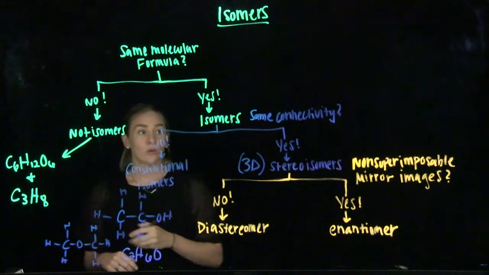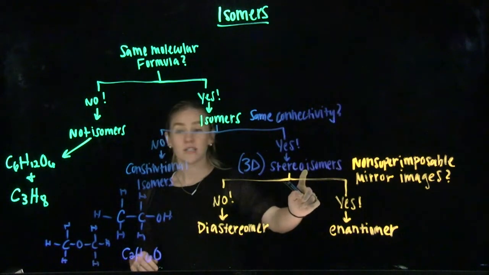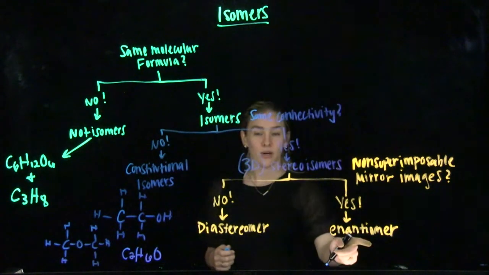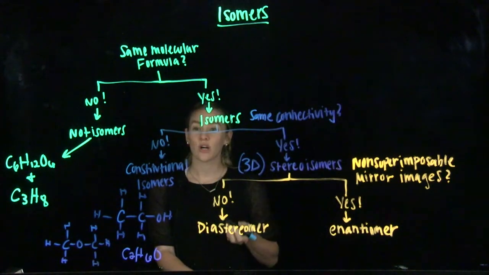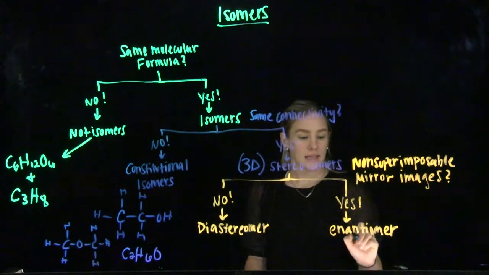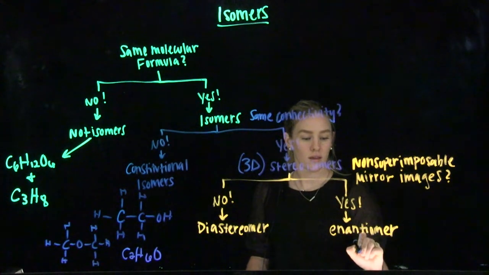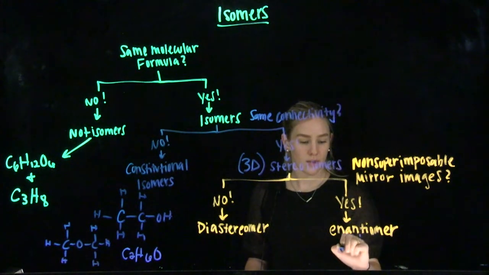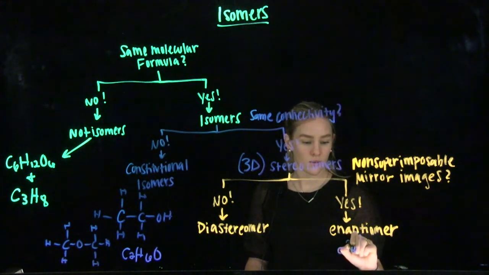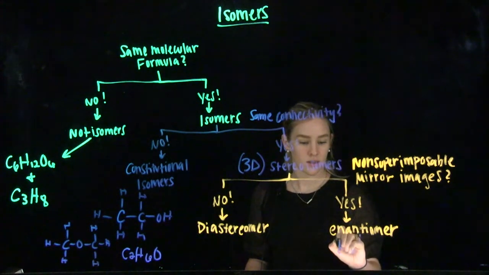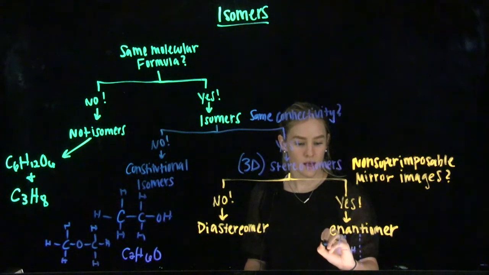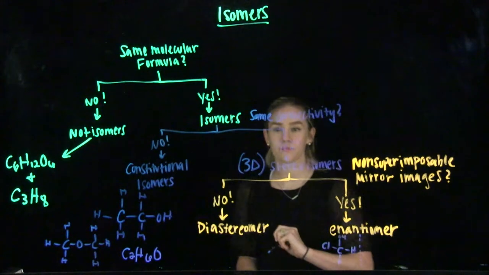When you have molecules that are stereoisomers and they are mirror images, that is going to be called an enantiomer. So an enantiomer is going to be something like this. Let's say that we have a mirror right here. And then we have a carbon with a hydrogen, an OH, a chlorine, and a fluorine.